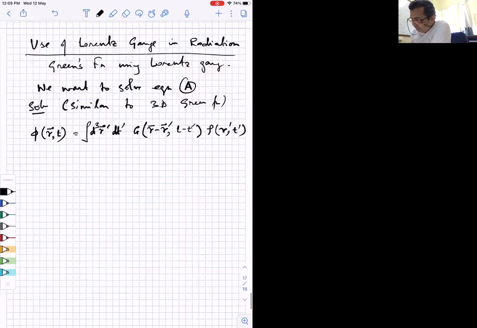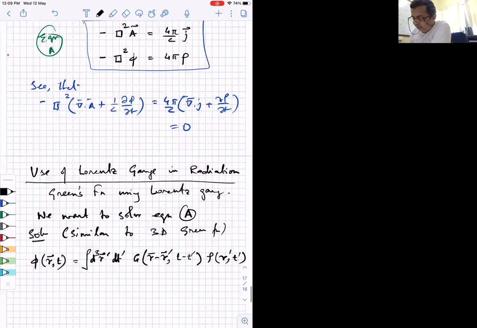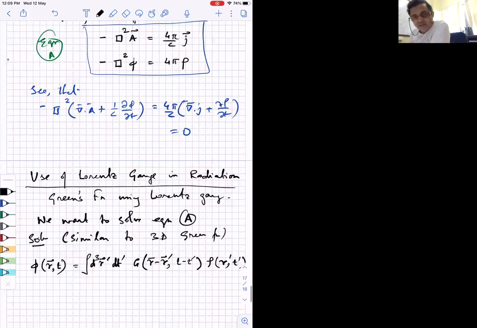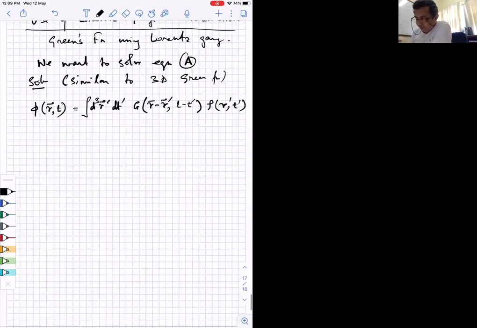This is the case for the scalar potential. If you look at the form of these two equations, the solution for the vector potential is exactly the same, very similar.